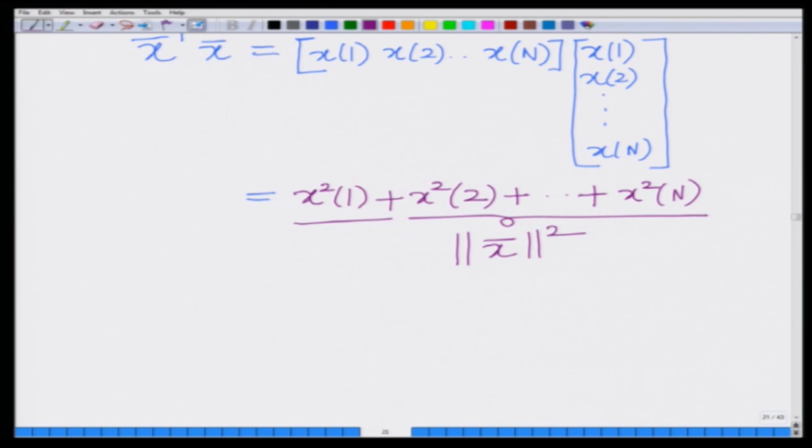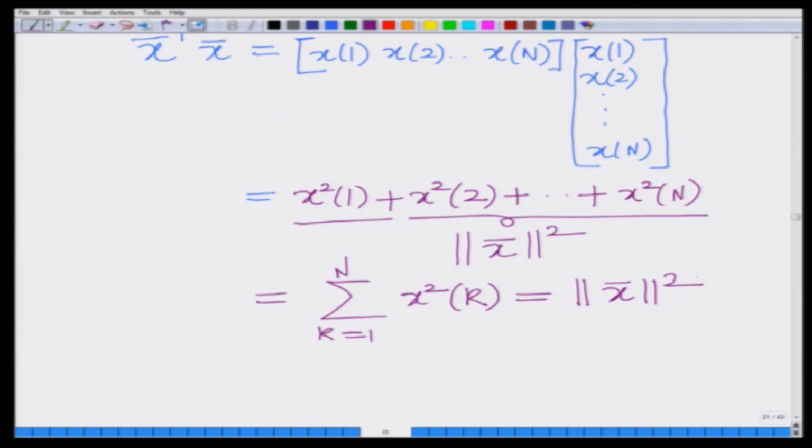This is also summation k equal to 1 to n of x square k.